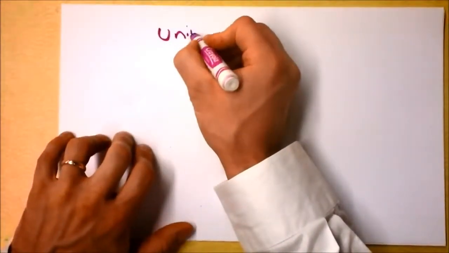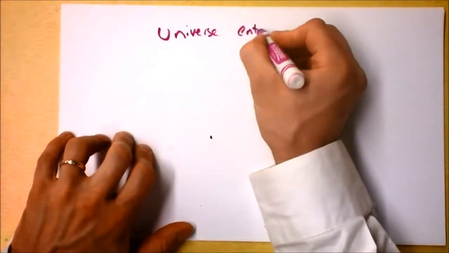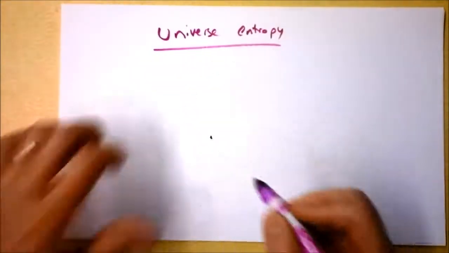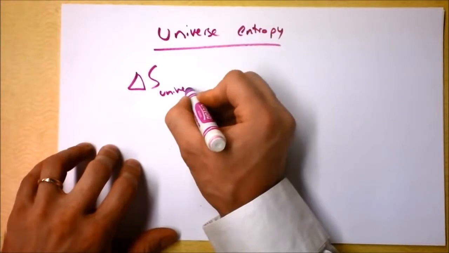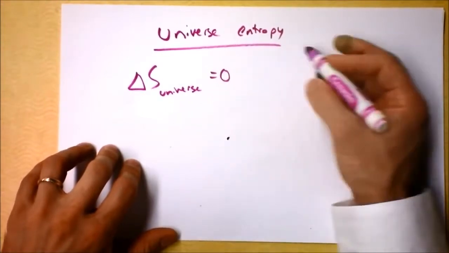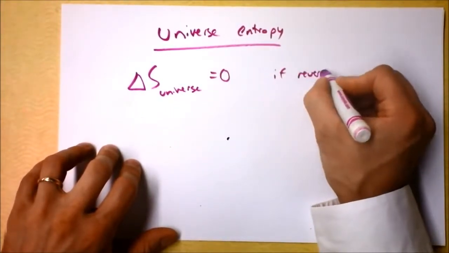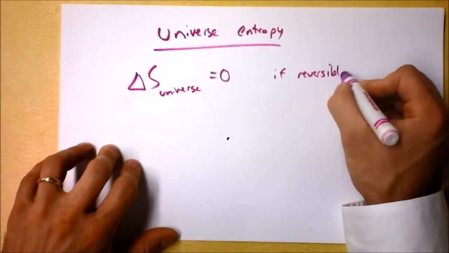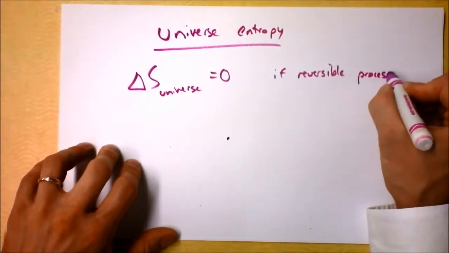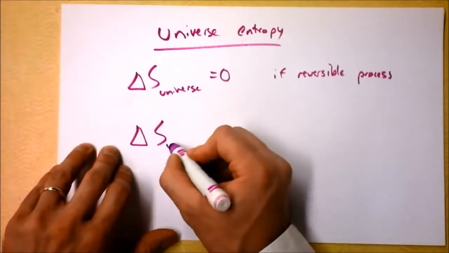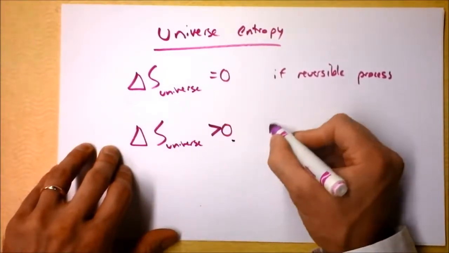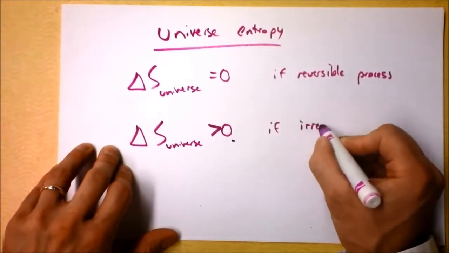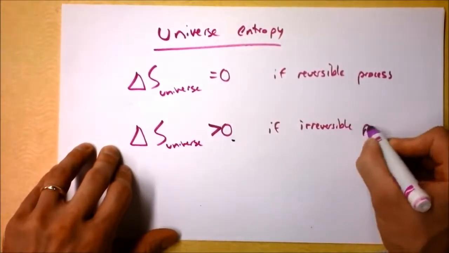We could be a little bit more careful about it. We could say universe entropy. Universe entropy is like delta S universe equals 0 if reversible processes occur, and delta S universe is greater than 0 if irreversible processes occur.